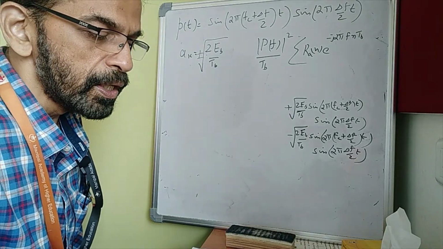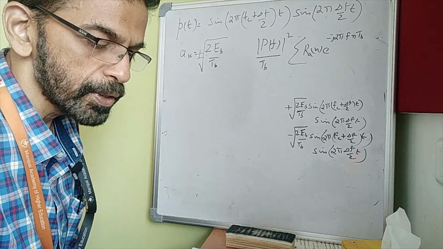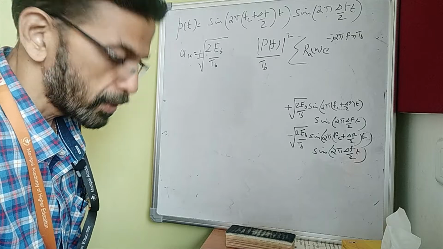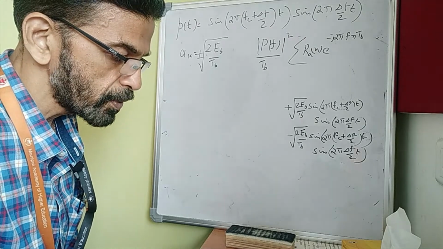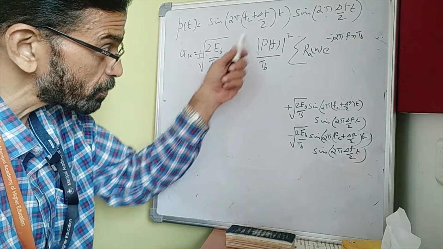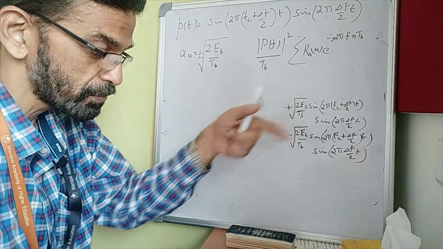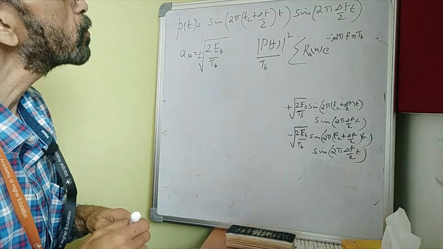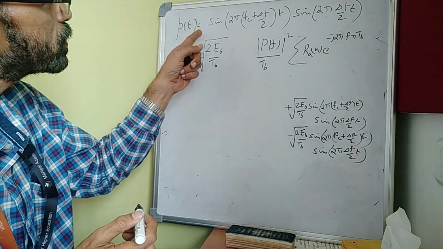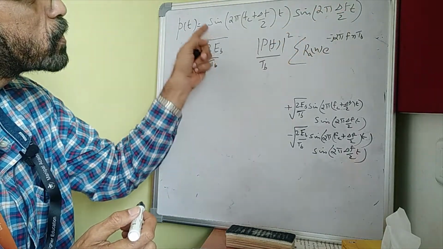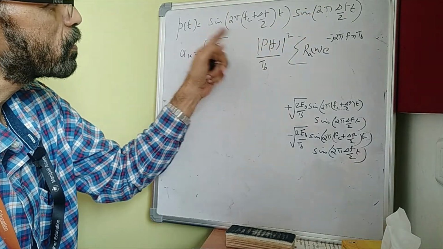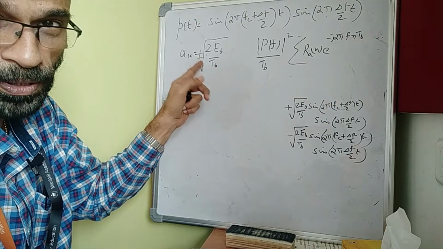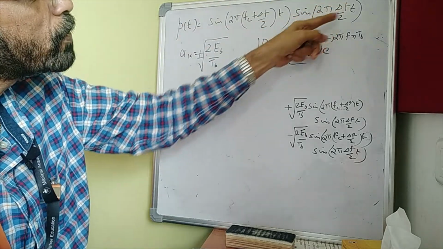Now remember this is the power spectrum contribution from this. The previous one we have to add at the end. Now what we do is we will calculate P(f). Once we have P(f), we are almost done. Of course, R_n is easy because it is the same as what it was in the case of binary PSK.